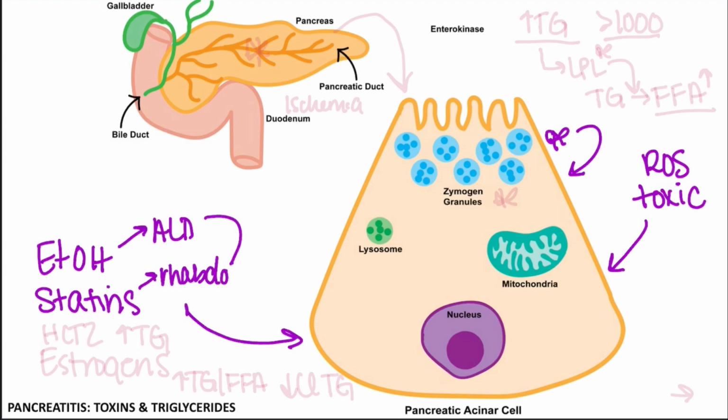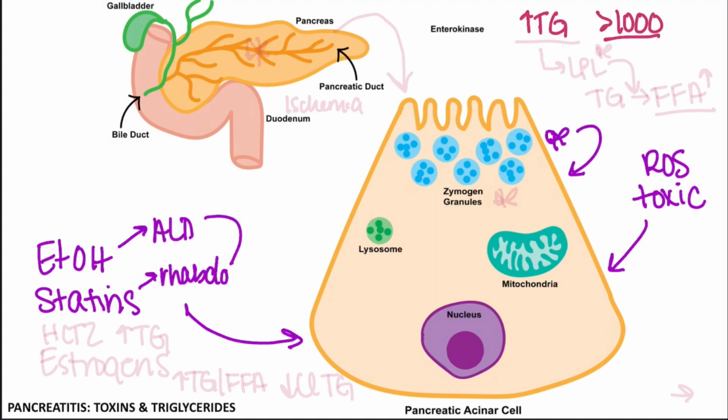Another example that would fall in this category would be agents that cause high triglycerides or hypertriglyceridemia. And generally, a triglyceride level of greater than 1,000 is concerning for acute pancreatitis.